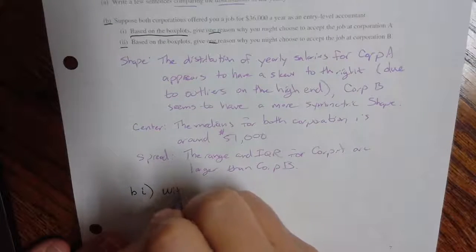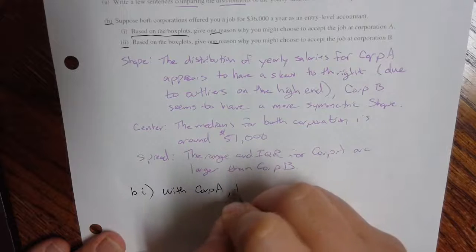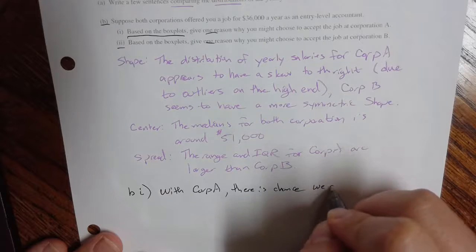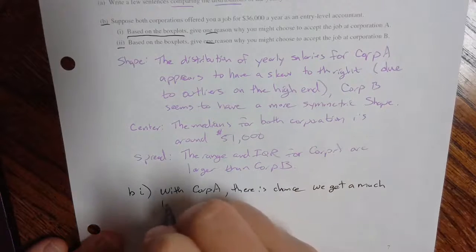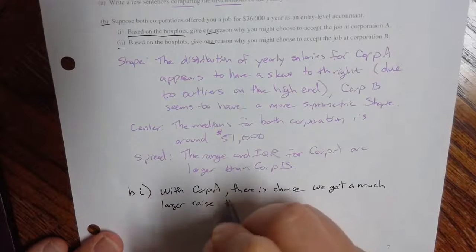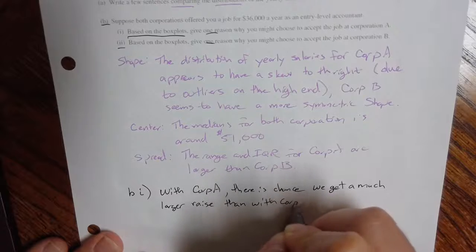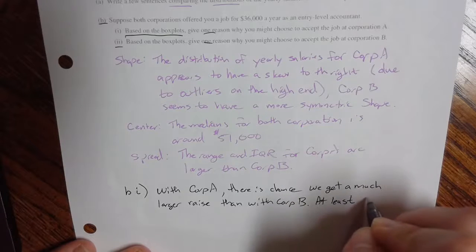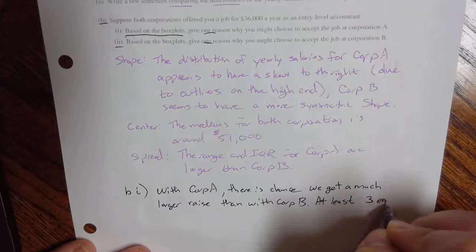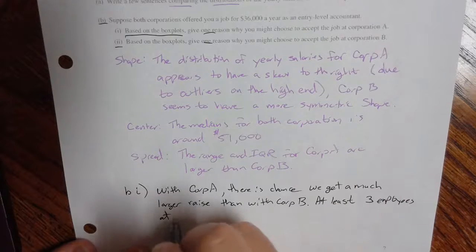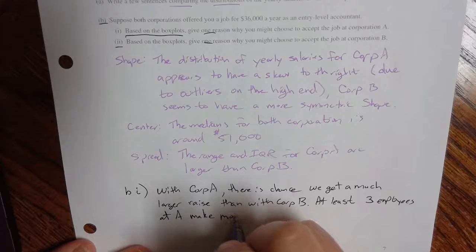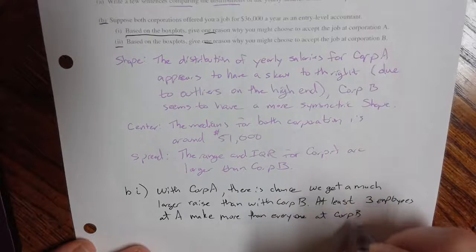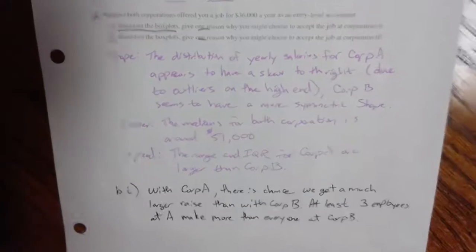So with corporation A, there is a chance we get a very large raise than with corporation B. And our evidence is based on the fact that at least 3 employees at A make more than everyone at B.